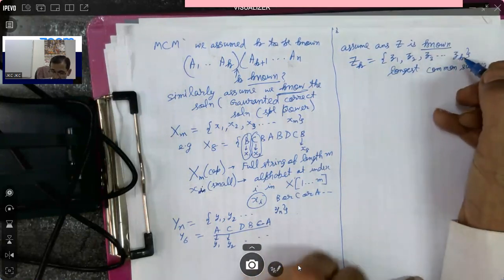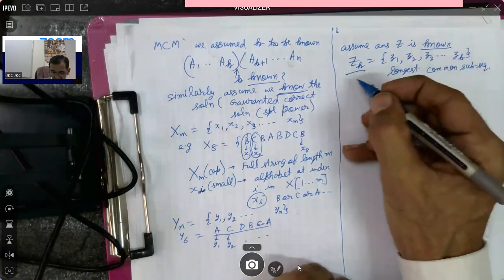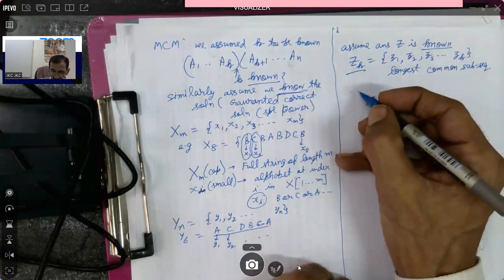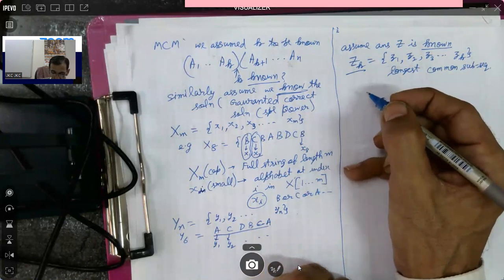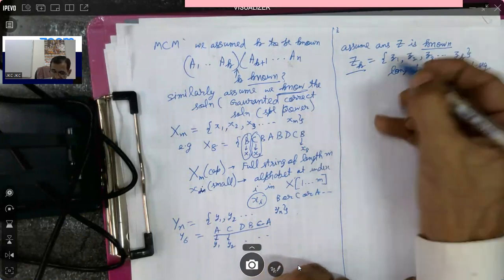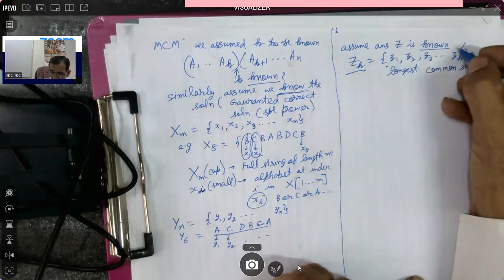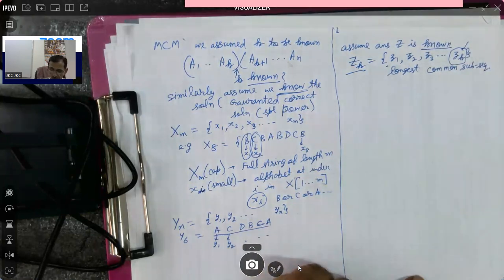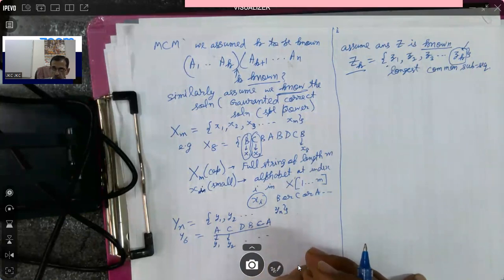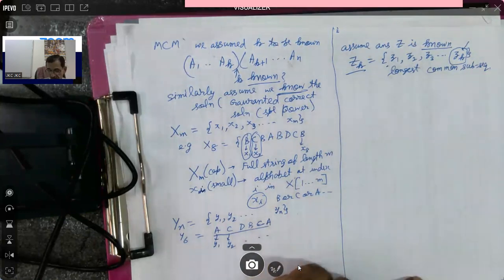Assume this is known. So I have to correlate Zk with my X and Y. Always in every DP, you have to start assuming that you know some K and then try to characterize and then find a recursive solution.